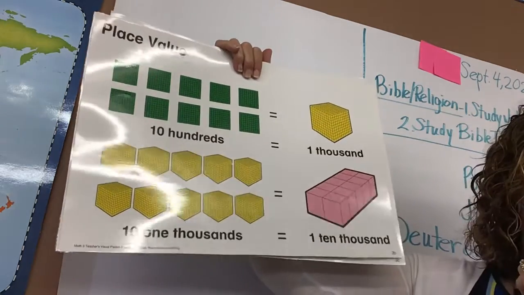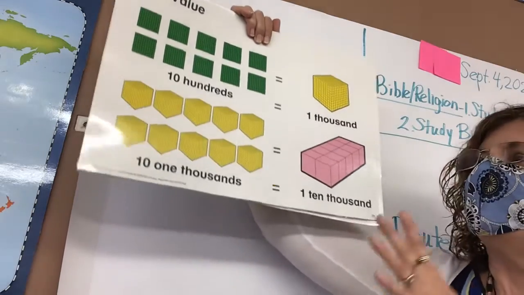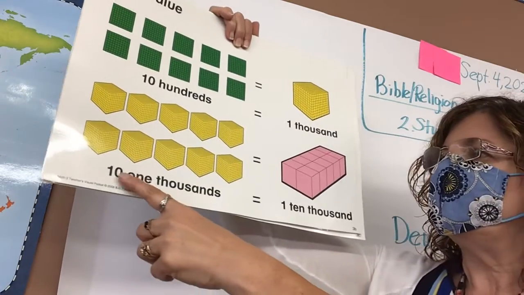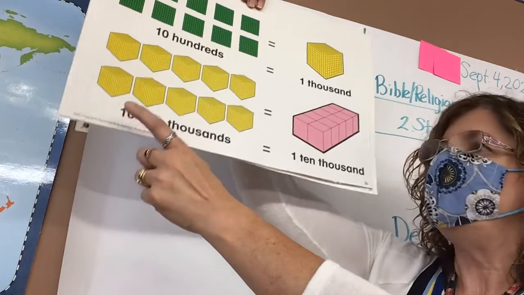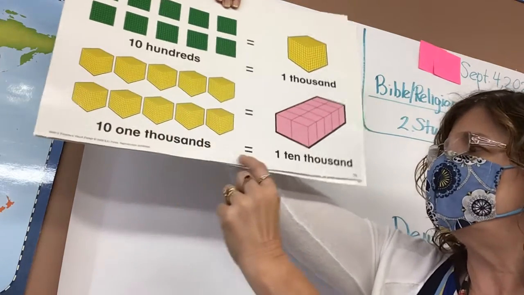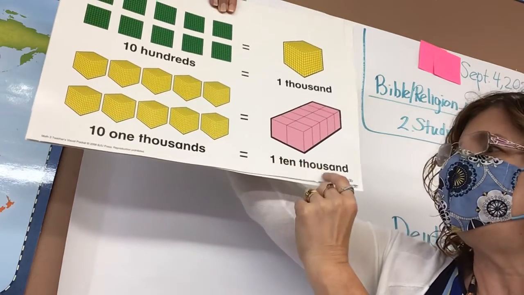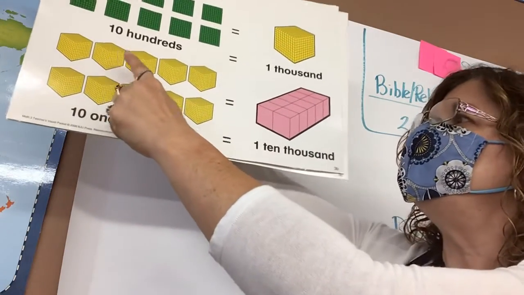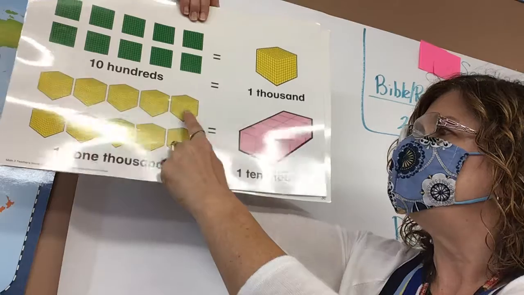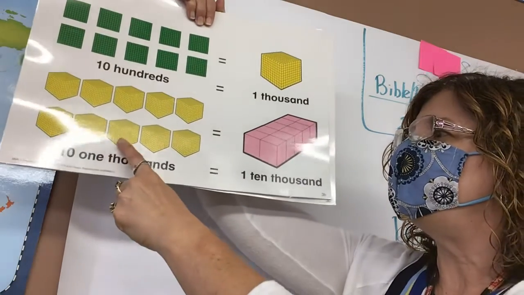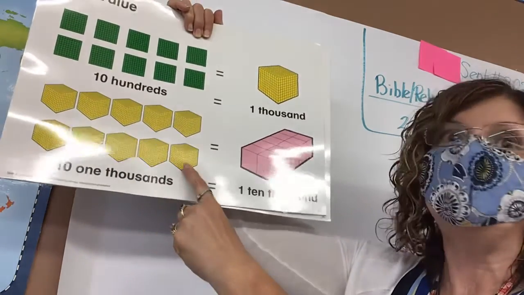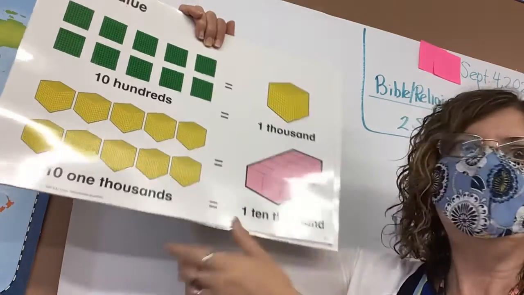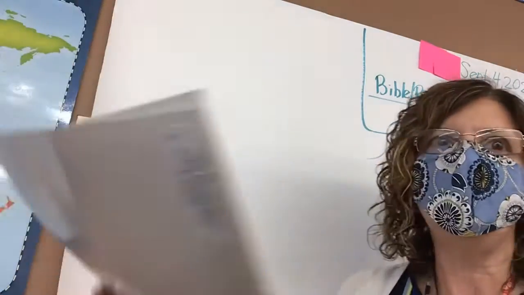Then yesterday we added to the mix that 10, everybody with me, 10 thousands equals 10,000. So let's count these by thousands. 1,000, 2,000, 3,000, 4,000, 5,000, 6,000, 7,000, 8,000, 9,000, 10,000. So that pink one represents 10,000.